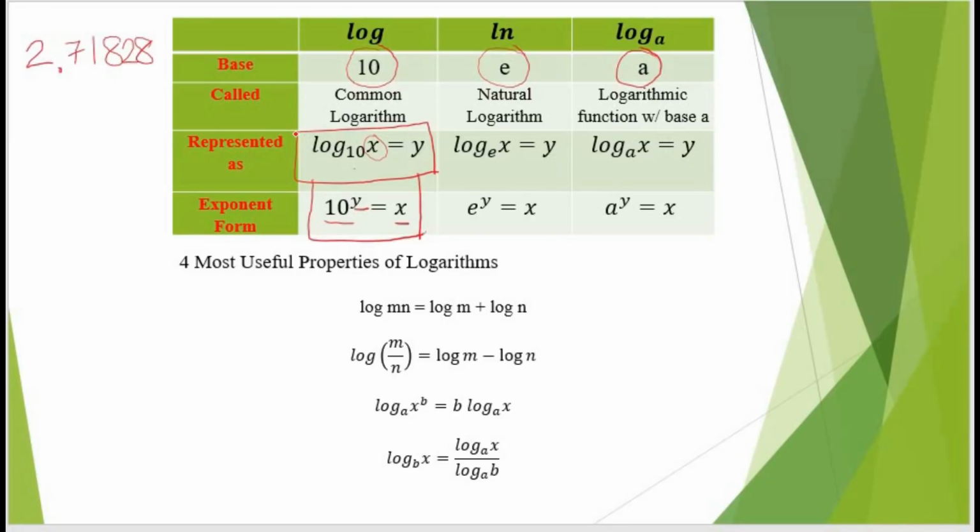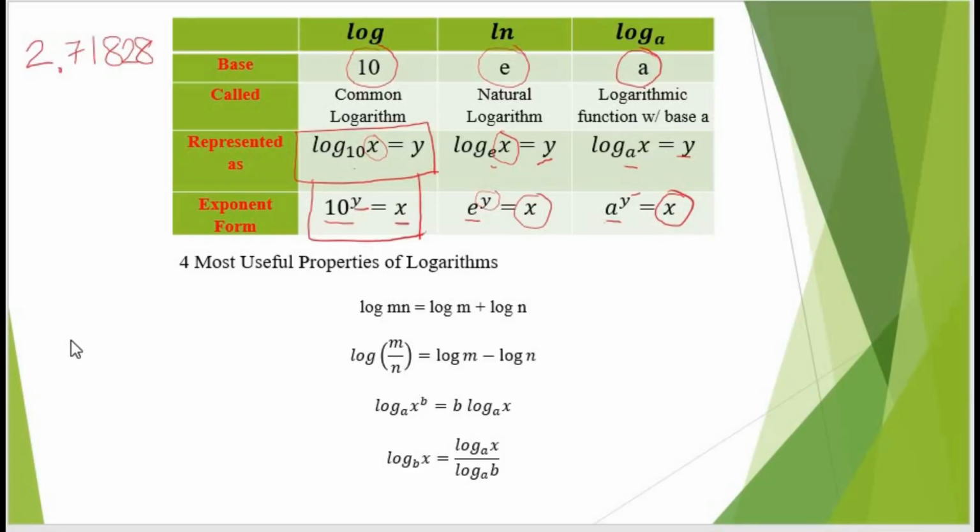For the natural logarithm form, we have log e to the power of y is this number. In exponential form, e to the power of y is this number. For logarithmic function with base a, y equal to x. Exponential form, a to the power y equal to x.